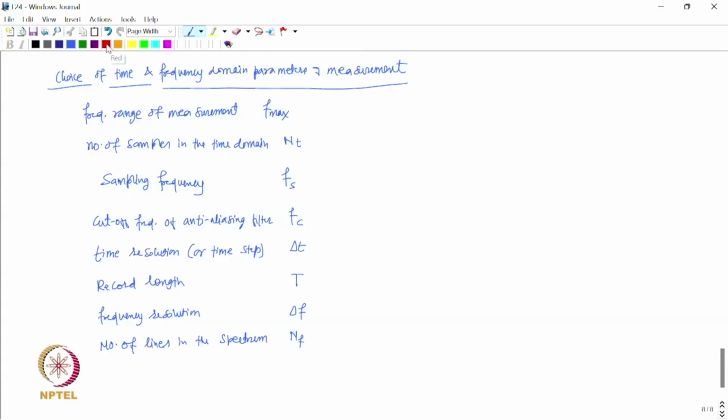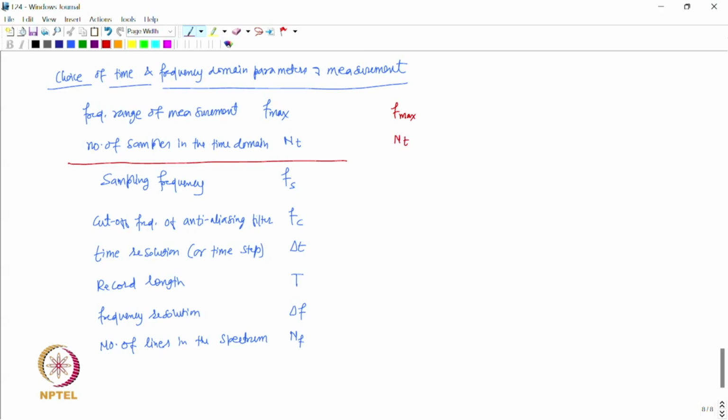So, that can be the second choice, and this NT is generally to be selected from a set of values which are expressed in powers of 2. So, therefore, we have selected Fmax, we have selected NT, right.